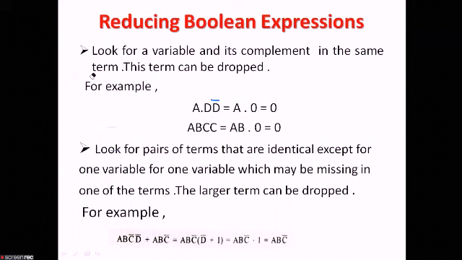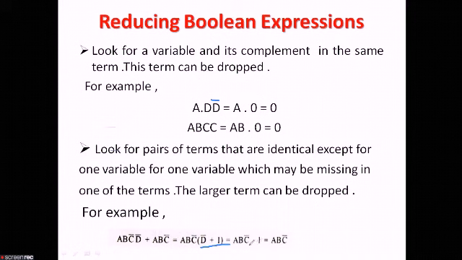Now next is to look for pairs of terms that are identical except for one variable which may be missing in one of the terms. The larger term can be dropped. For example, suppose a dot b dot c bar dot d bar plus a b c bar is equal to, you just take a b c bar as common, because this will be d bar plus 1. This can be changed to 1 because d bar plus 1 is equal to 1.